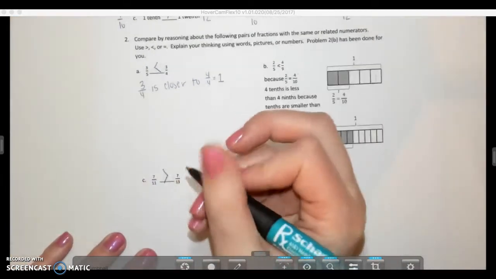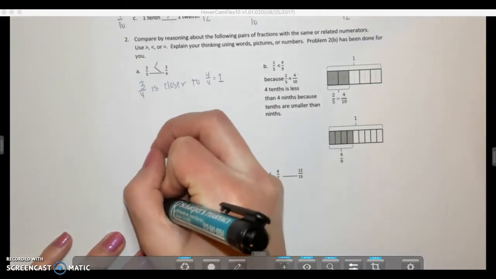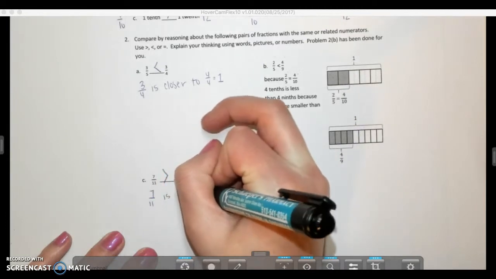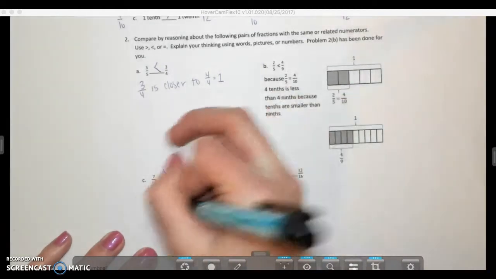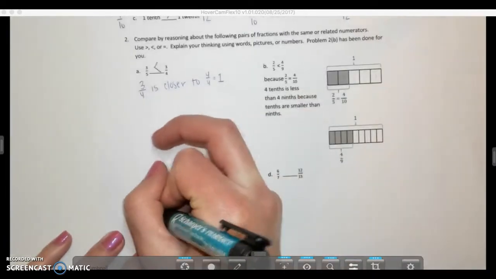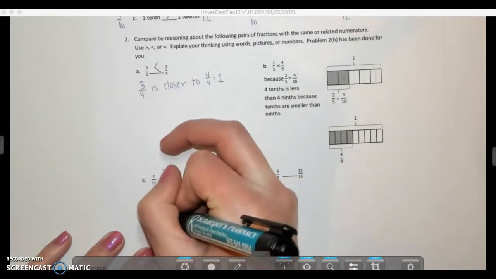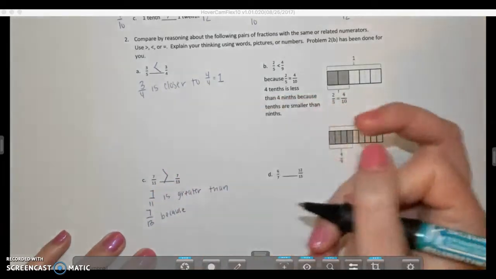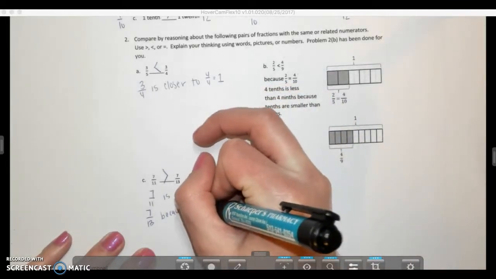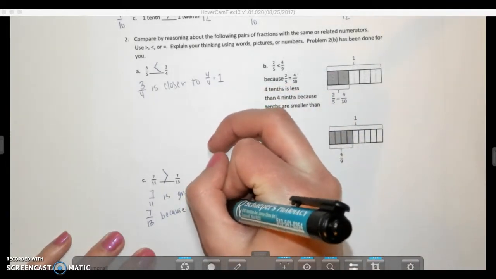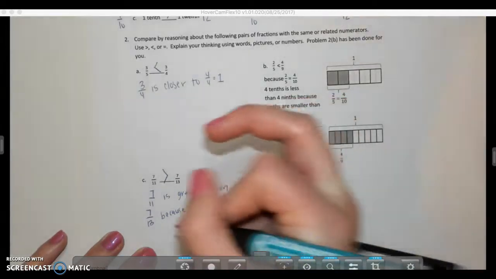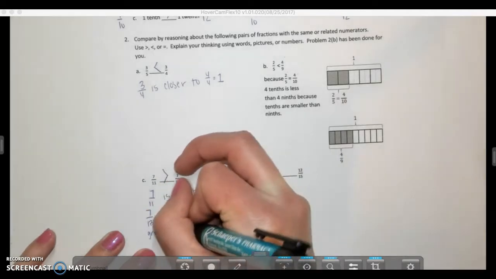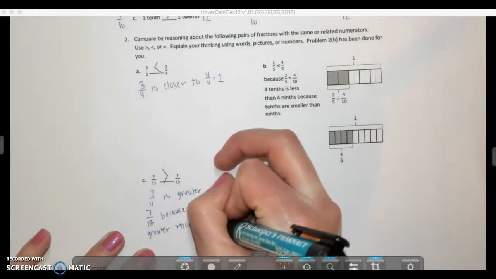So I'll say 7/11 is greater than 7/13 because 11ths are greater than 13ths.